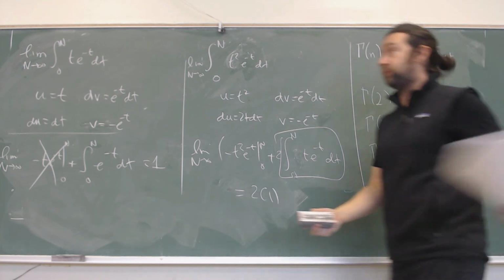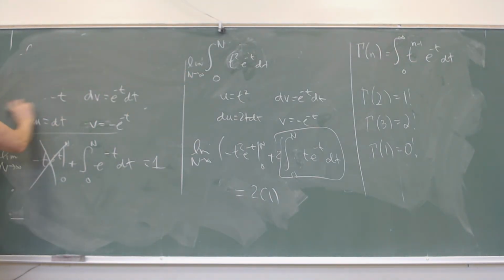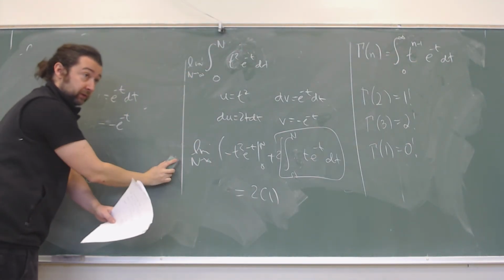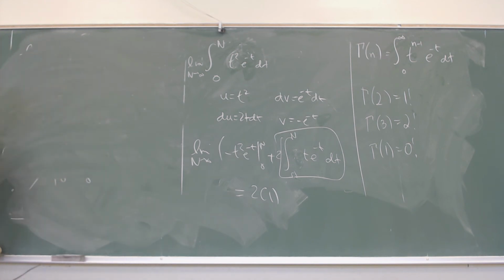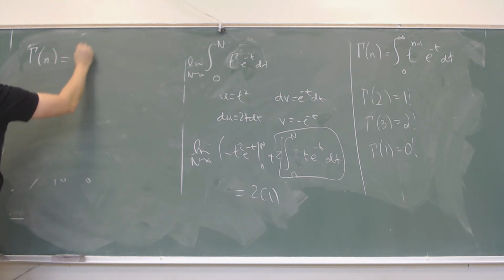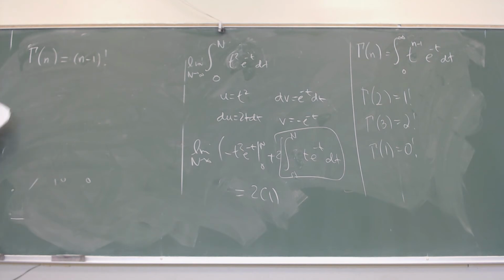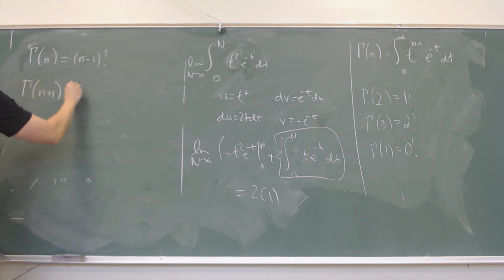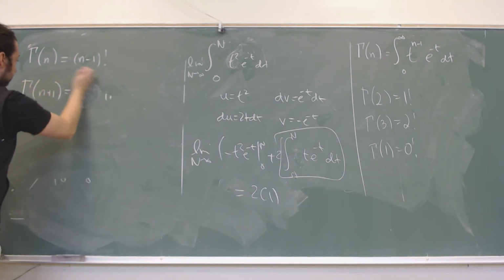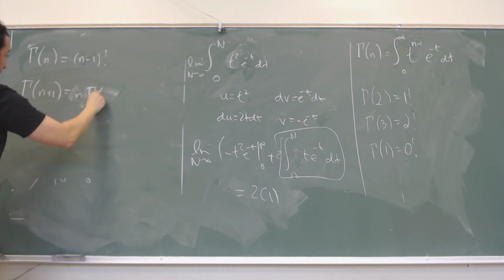Let me write down some properties first, including the most important property, which will answer the question that you're asking. So the first thing is gamma of n is equal to n minus 1 factorial, which is really saying that gamma of n plus 1 is equal to n times gamma of n.